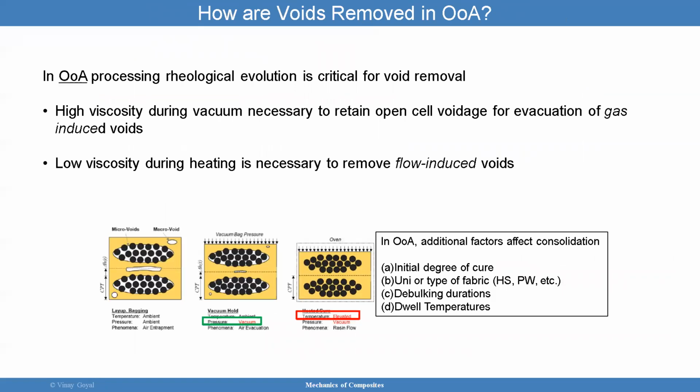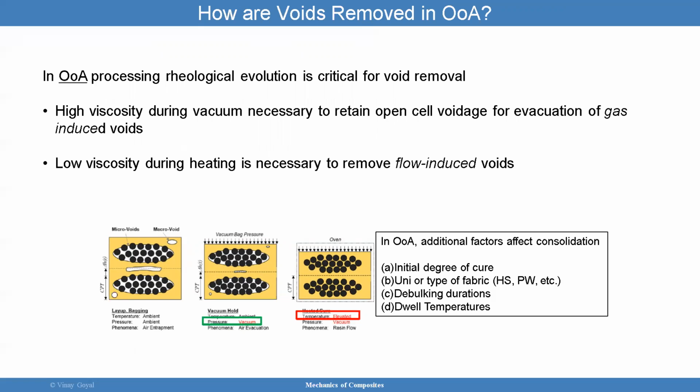So how do we remove voids in an autoclave approach? In autoclave processing, there's this rheological evolution, which is critical for void removal. A high viscosity during vacuum is necessary. That allows you to retain open cell voidage so the gas that was induced can escape. Low viscosity during heat is also necessary to remove flow-induced voids.